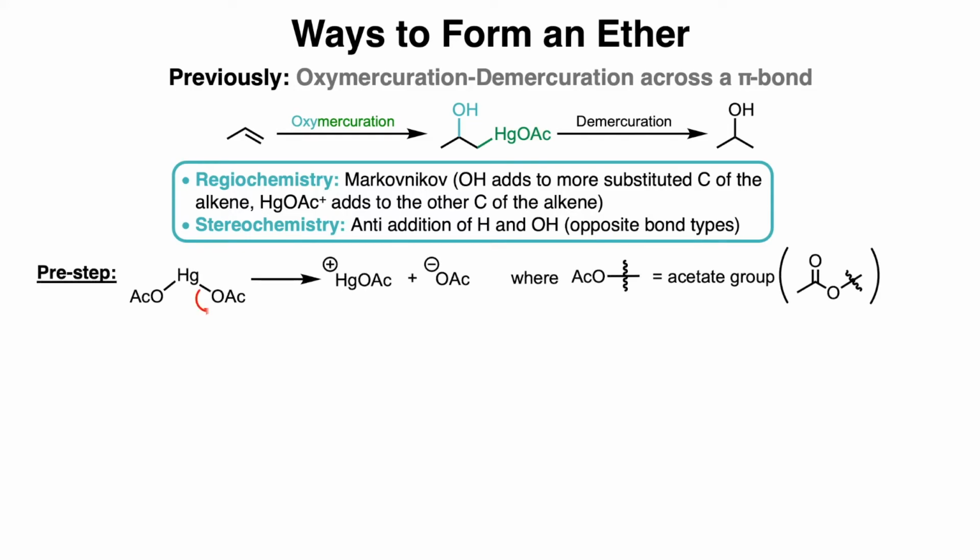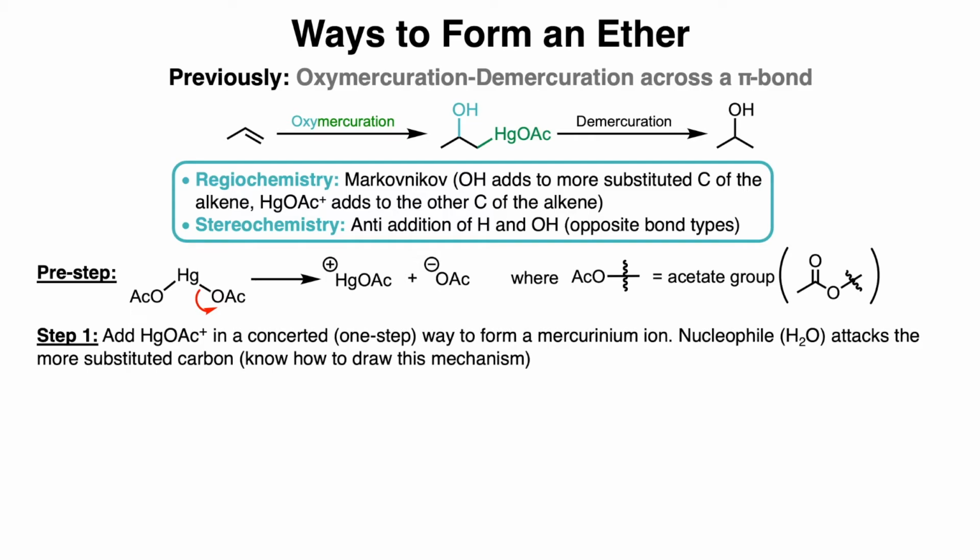The mechanism of this starts with a pre-step where one acetate group leaves to form HgOAc+. In the first step of the mechanism, HgOAc+ adds across the pi bond in a concerted one-step way to form a mercurinium ion.